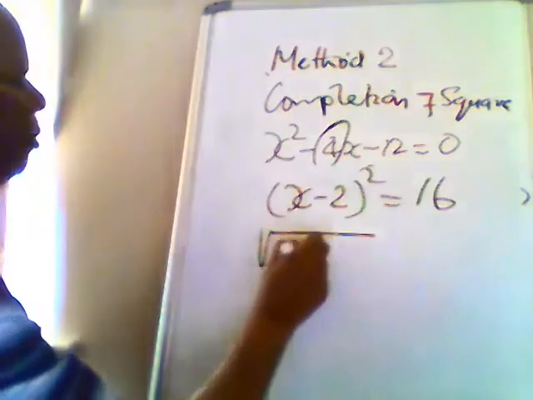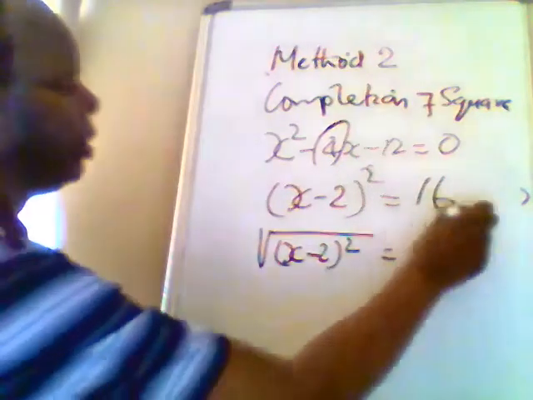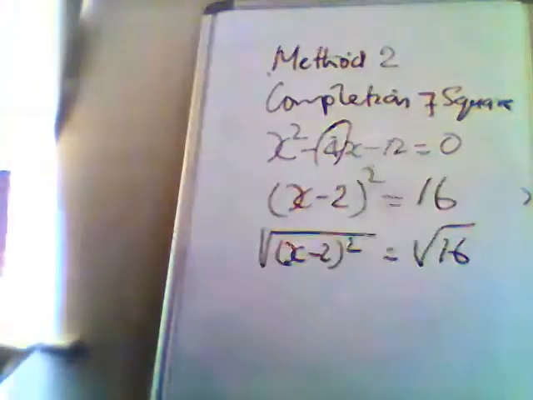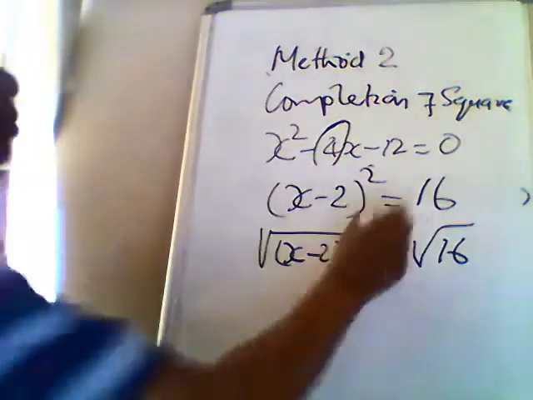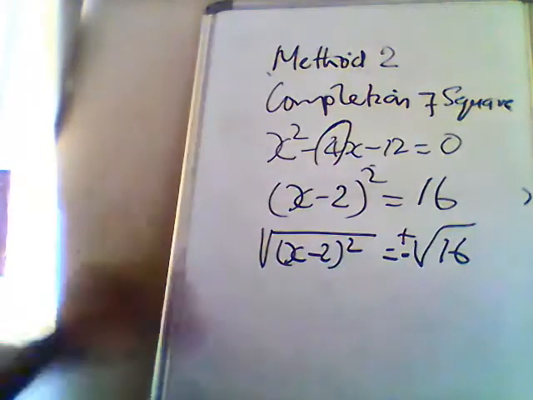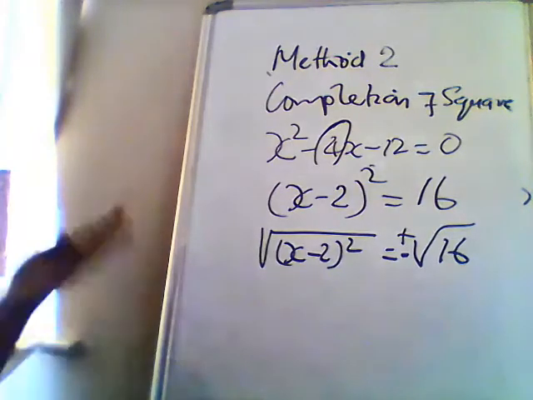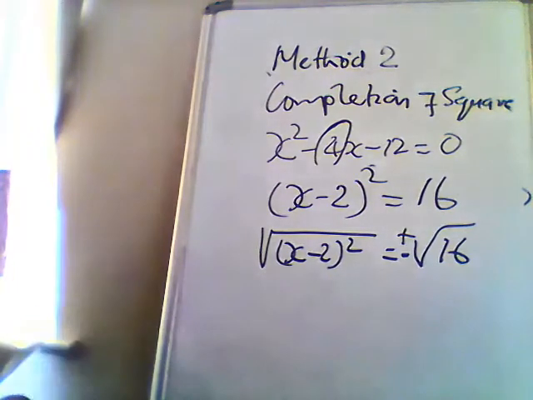So x minus 2 squared equals the square root of 16. Now this square root of 16 is going to be plus or minus, because a minus times a minus is going to give me plus, and a plus times a plus also gives me a plus.